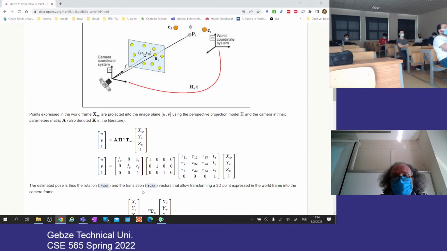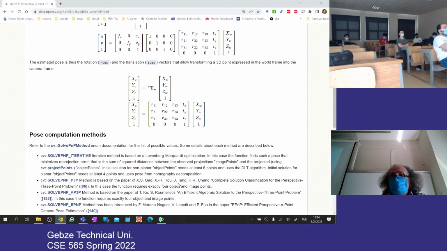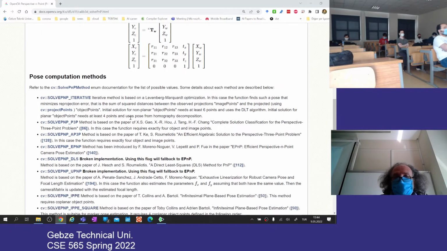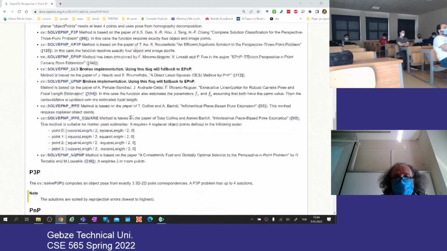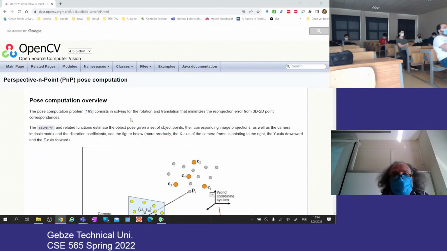Okay, rvec and tvec. Once you know those, then you know your camera's pose, the relative translation and rotation between the real world and your camera. So solvePnP does that. It gives you those values. Once you know those, then you can do those kind of animations.